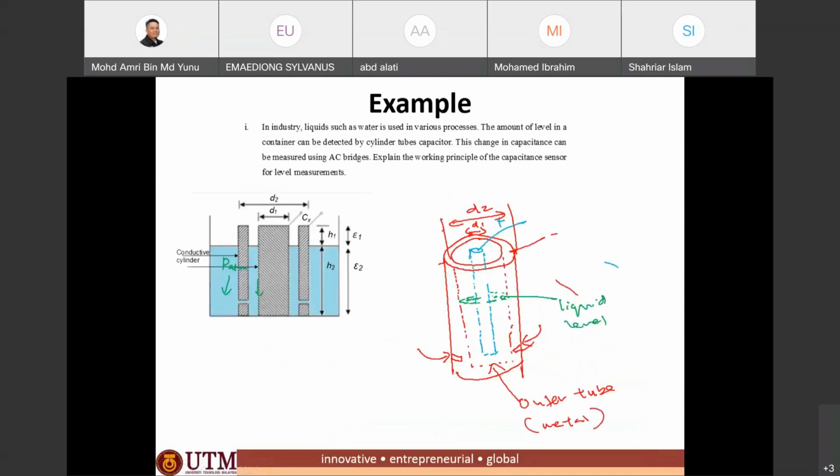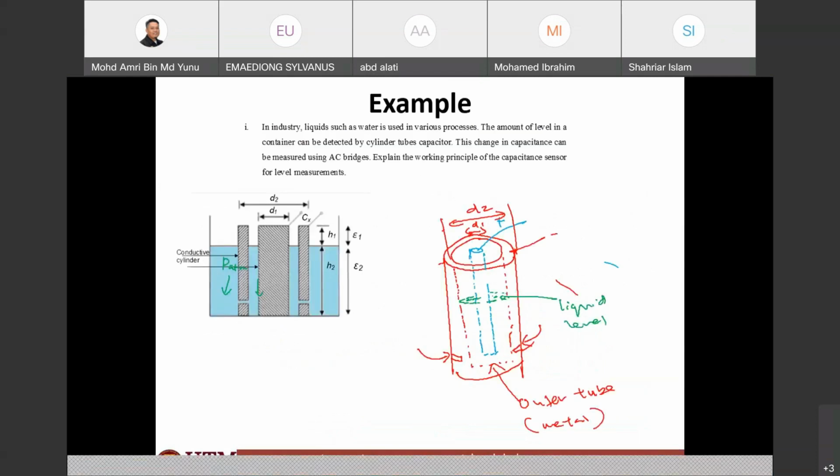Right. So let's look at this example. In this case, we don't rely on the vessel body to estimate the height of the material, whereas the level of the liquid in the container can be detected by a cylindrical tube capacitor. So it looks like this.